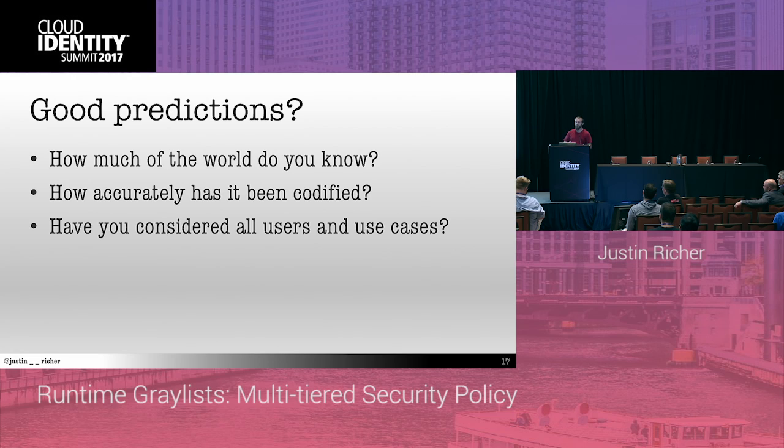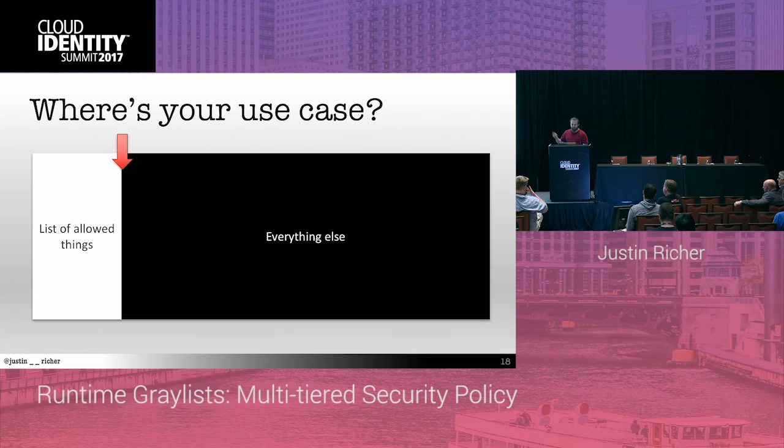But you still got to be able to translate it to that thing, right? You still got to know about the use cases and put the details in and be able to make those predictions. Because what if your use case is right on the border? What if it is something that if anybody thought of it for half a second, it would be obvious that this would be on a whitelist, but nobody did?